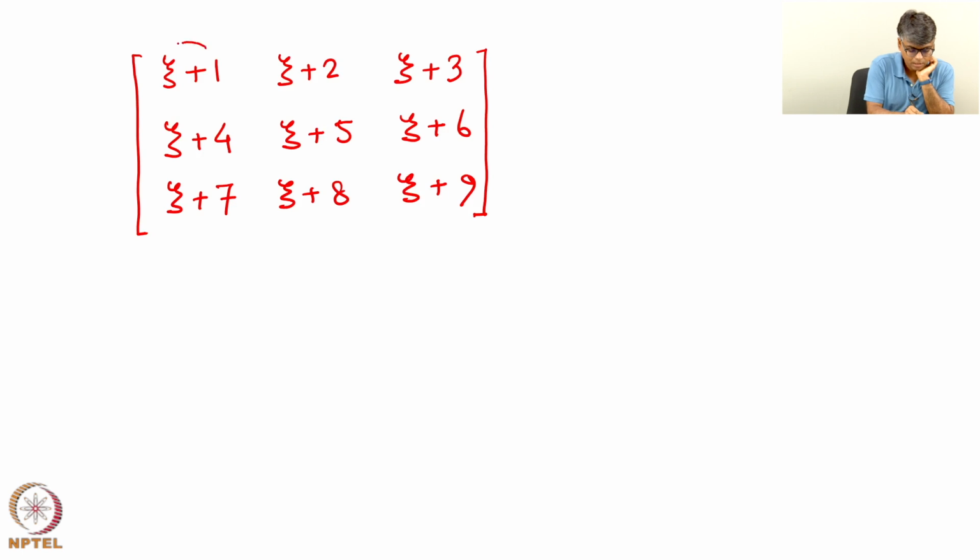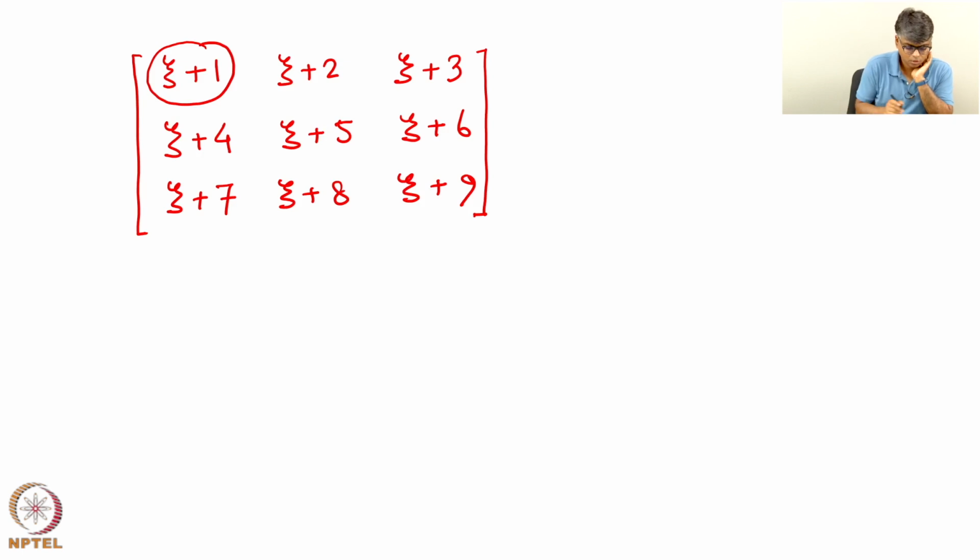Remember, I scan through the first column and find the element which has the least degree, and then I take that to the top through a permutation of rows. Permutation of rows, of course, is a unimodular row operation, so that's okay. But here I don't need to do that, because every element in the first column has degree 1.